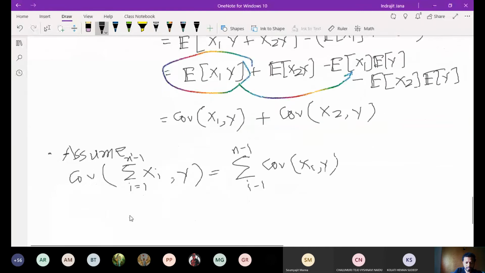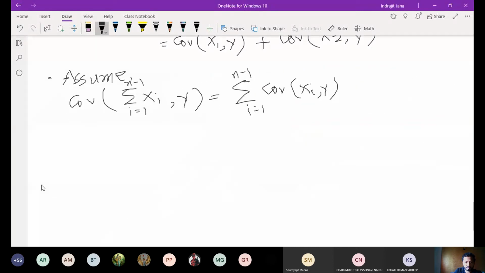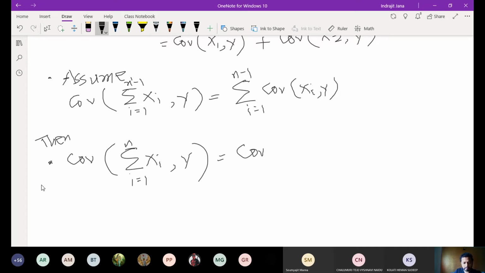Suppose we have this, we need to prove it for n. Then for n, covariance of summation of xi, y, i from 1 to n, can be written as covariance of xn plus summation from 1 to n minus 1. These are very standard tricks of induction.